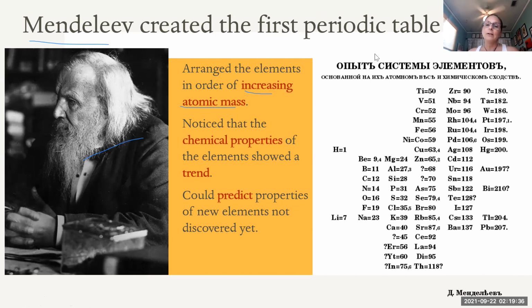From that, he noticed that certain chemical properties tended to show up as a trend. As a result, he could predict the properties of certain elements based off of what he had organized, and from this he came up with the periodic table.